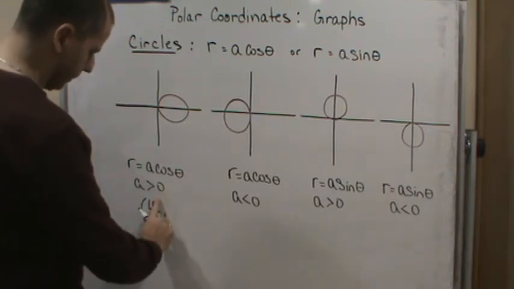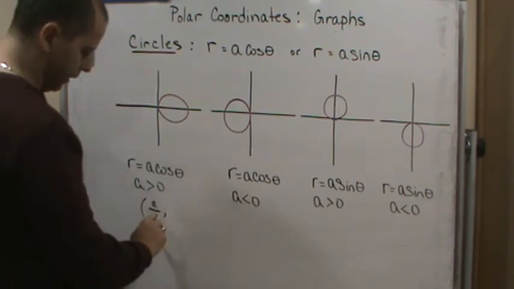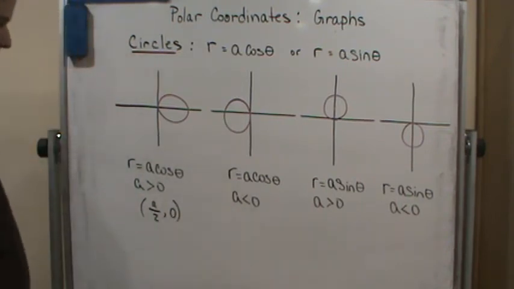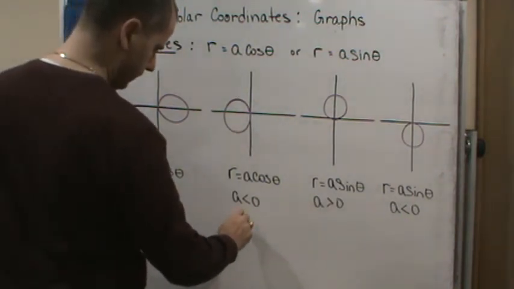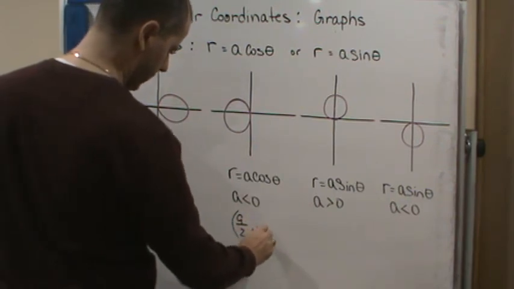Well, in this case here, because I'm talking about coordinates, it's going to be A over 2, comma 0, right? For both of these, but here it's negative. So it's going to be A over 2, comma 0.